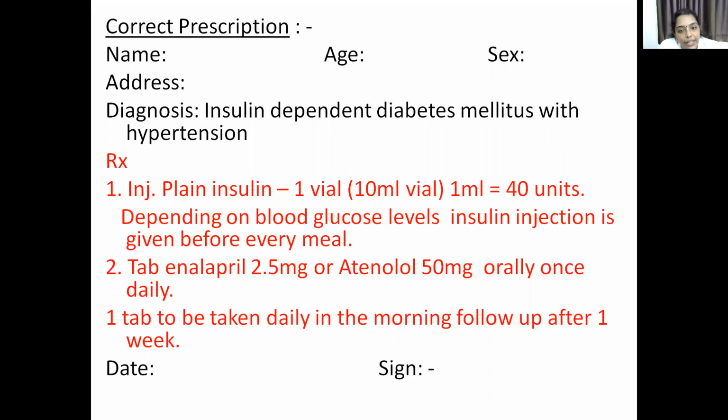One vial is a 10 ml vial, where 1 ml is equal to 40 units. Depending on the blood glucose level, insulin injection is given before each meal. Then tab enalapril 2.5 mg or atenolol 50 mg orally once daily, 1 tablet to be taken daily in the morning, follow up after 1 week. So this is the correct prescription.